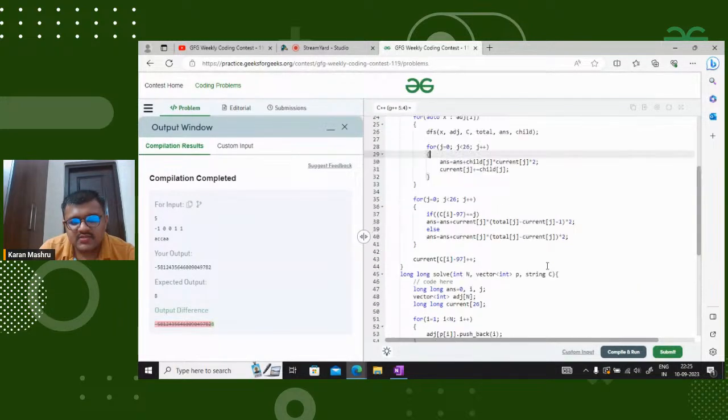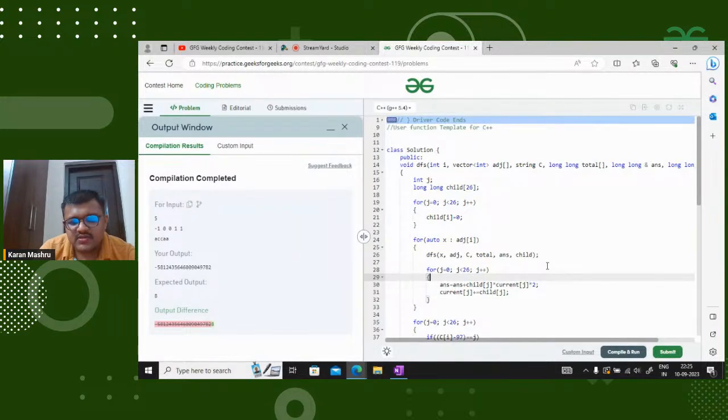Have we taken answer as 0? Okay, we have passed answer as value only.